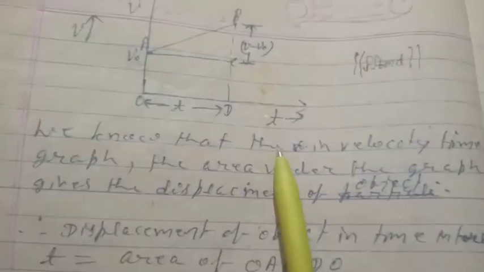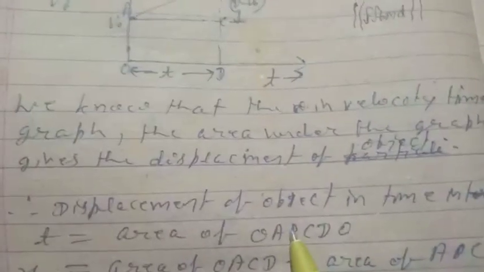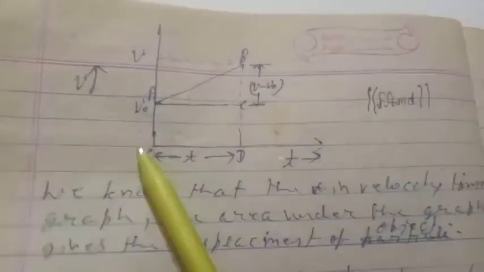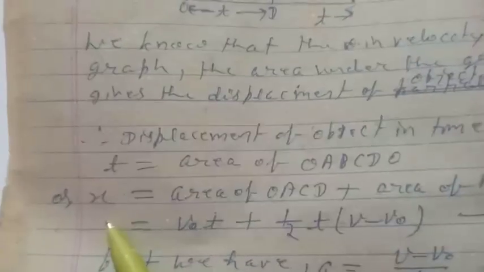We know that in the velocity time graph, the area under the graph gives the displacement of the object. Hence, displacement of the object in time interval t equals the area of OABCD. This area will give the displacement of the particle, or x, because displacement is represented by x.